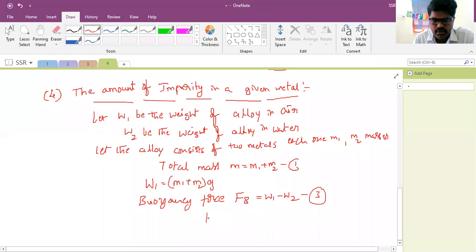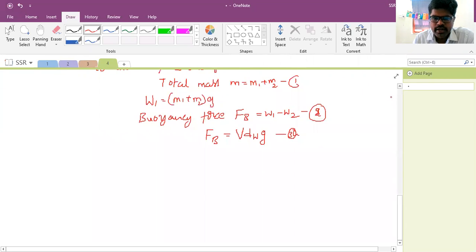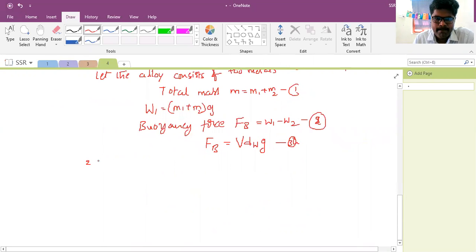This Fb is also equal to the volume of displaced fluid into density of water into g, which is equation number 3: V into dW into g. Then from 2 and 3, we can write V dW g is equal to W1 minus W2.